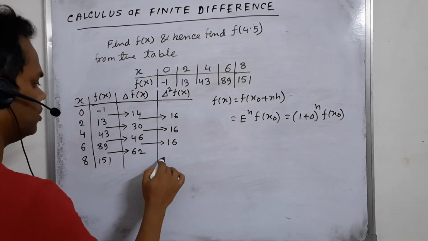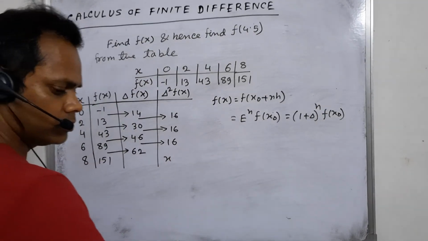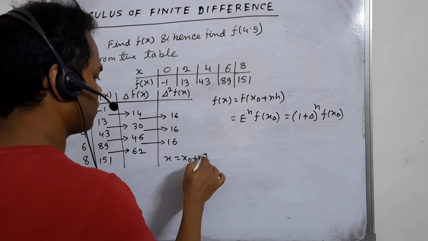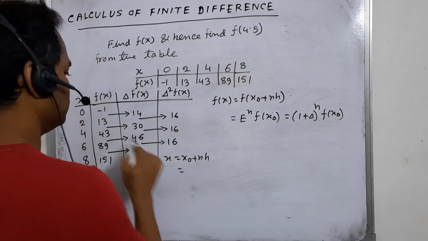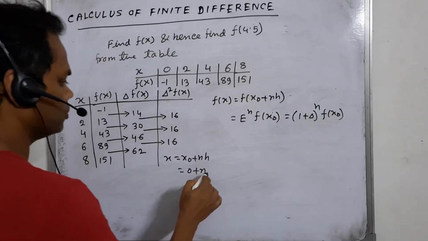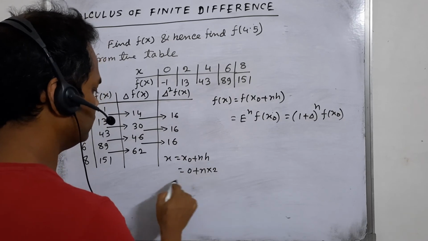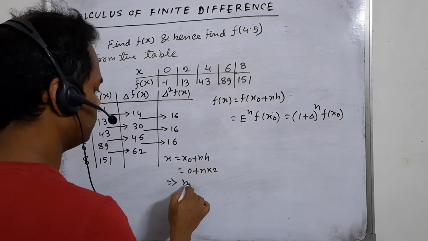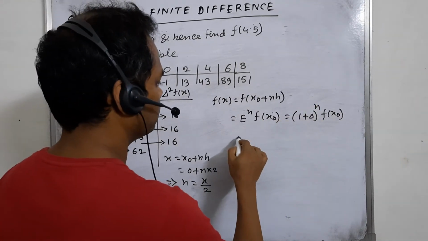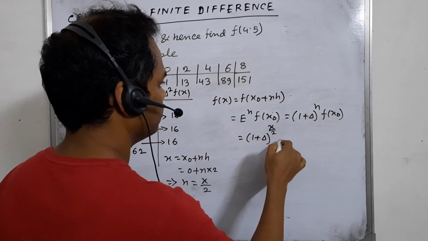Here x equals x naught plus nh, and x naught is 0, so 0 plus nh, and h equals 2, so x equals n into 2, so n equals x by 2. So 1 plus delta whole to the power x by 2 fx naught.